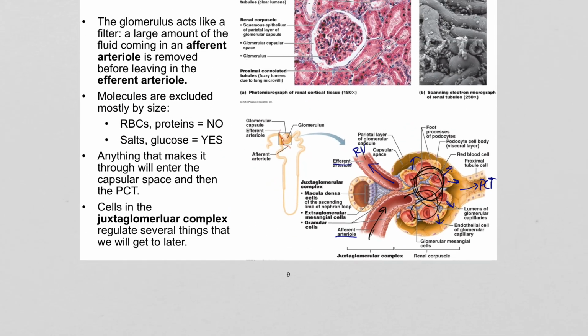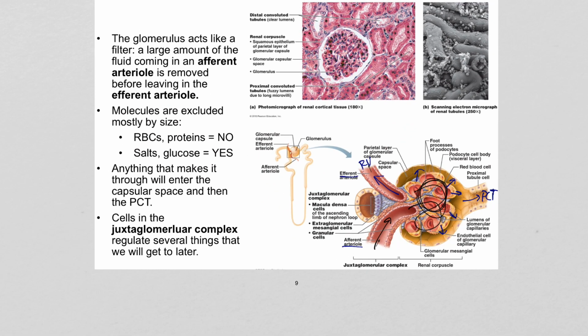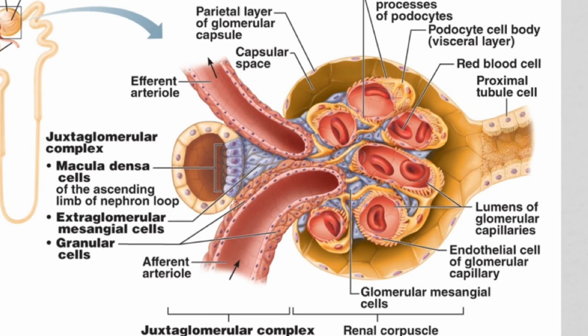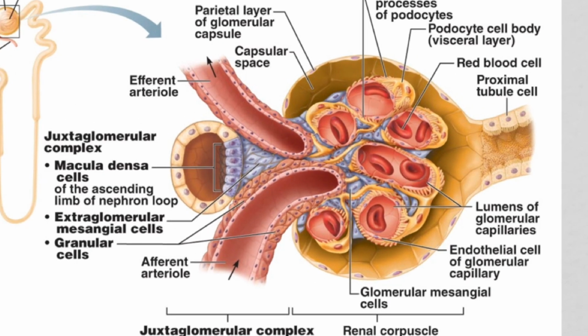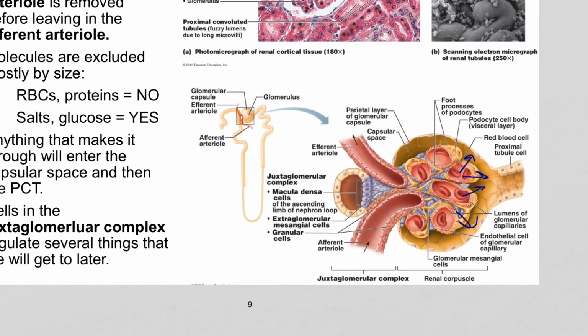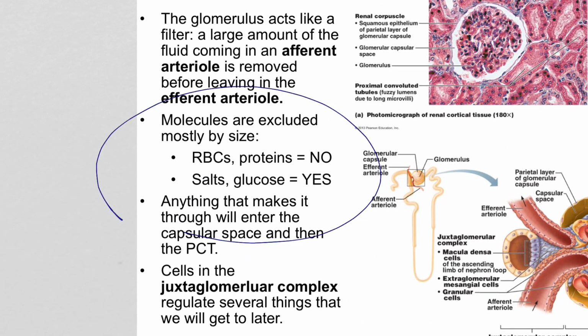Right, so this is your actual filter, right? The physical filter of the kidney is just tiny openings, pores, they're called fenestrations, in the walls of those capillaries, and it's just a size thing.